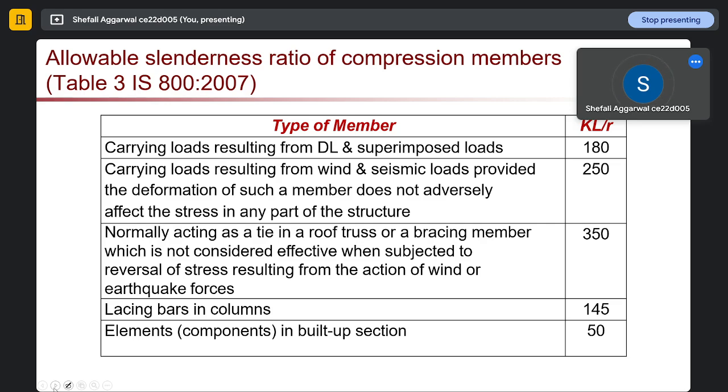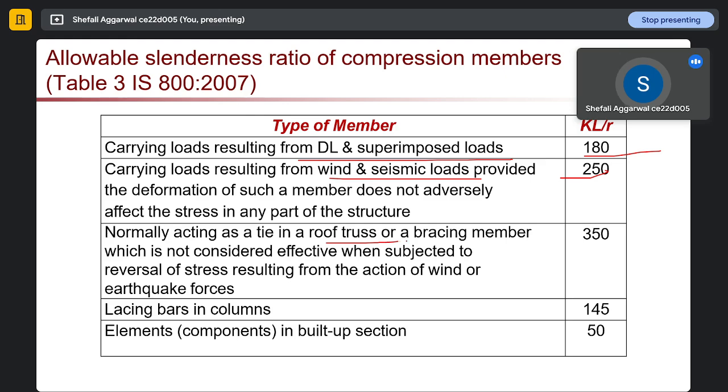Okay. So we are calculating our slenderness ratio, but to check for slenderness, we apply some allowable slenderness ratio check. This is also given in Table 3 of IS 800. If we have dead load and superimposed load, then our slenderness ratio limit is 180. If it is wind and seismic, 250.